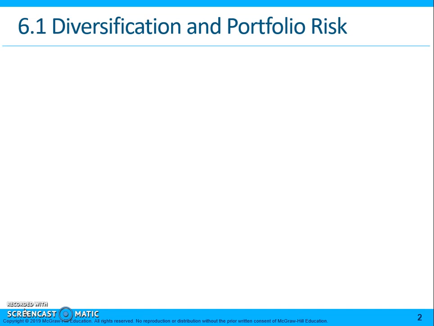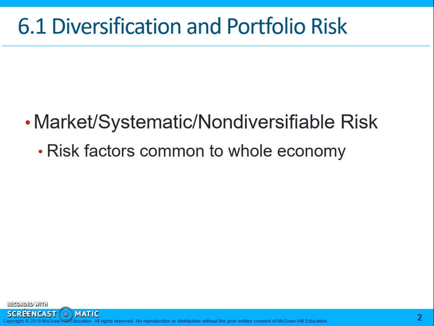So diversification and portfolio risk. The first thing we're going to talk about is market or systematic risk. Market or systematic risk is basically non-diversifiable. It means that we cannot diversify that risk away no matter how many stocks we add to our portfolio.